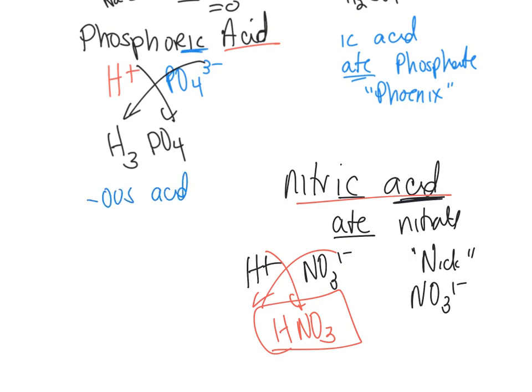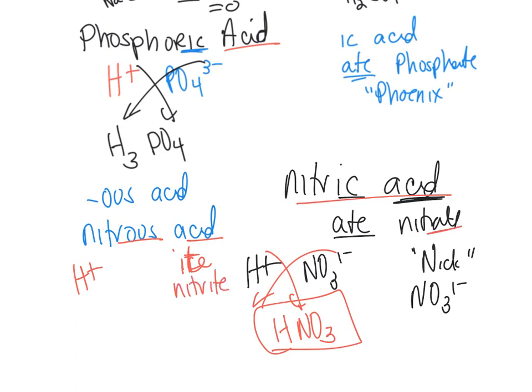Okay, so ous acid, nitrous acid. Once again, it's an H plus, but you've got to recognize nitrous comes from ite. Okay, so what is nitrite? Well, nitrite is you drop the oxygen count to 2, 1 minus.